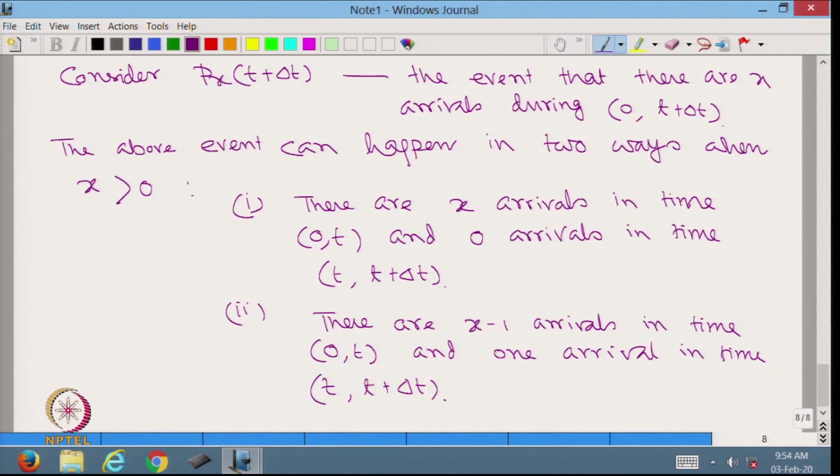And we have assumed that there cannot be more than one arrival in this period. Therefore, these are the only two possibilities when x is greater than 0.